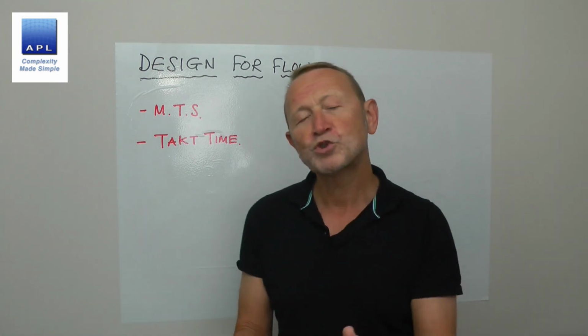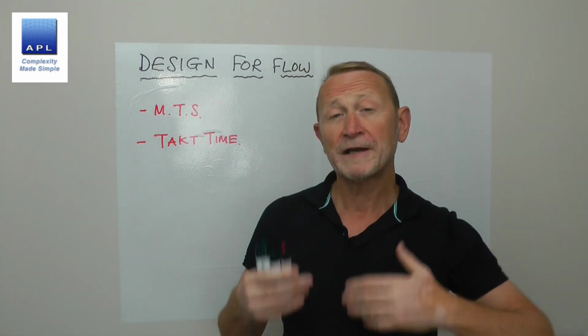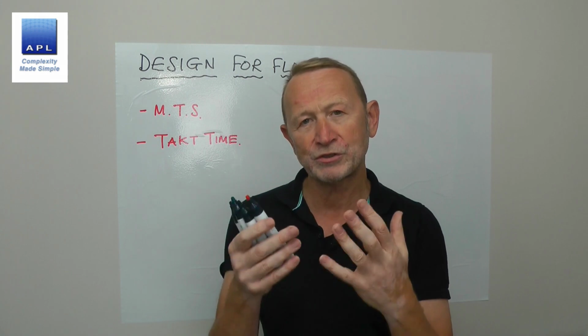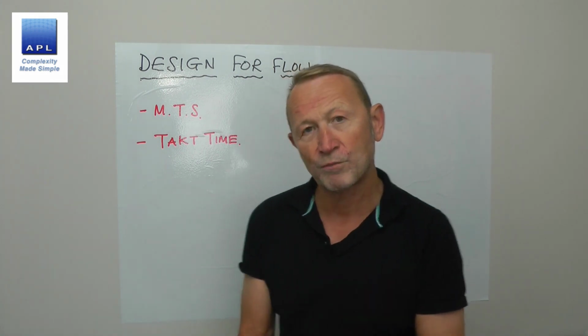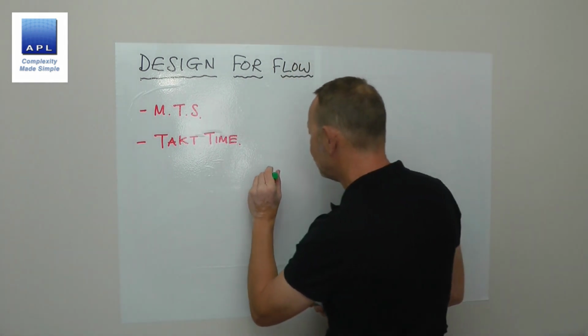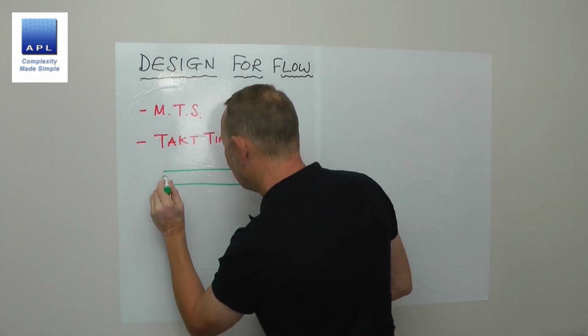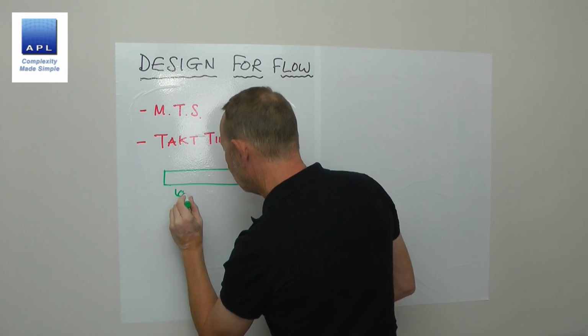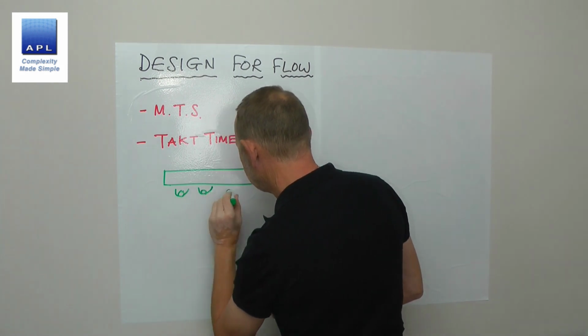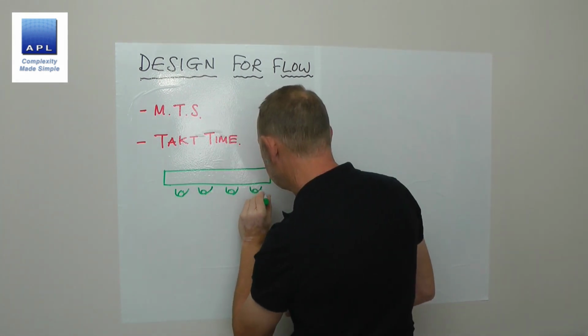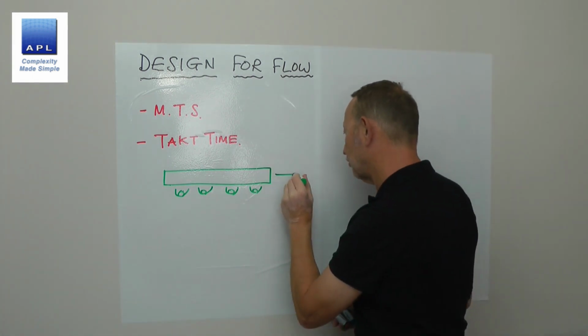Now then, once we've reached that situation, there is a possibility that you're going to create a small cell or production line of people. So maybe because of the work content in your product, you've identified that you need 4 people on a production line.